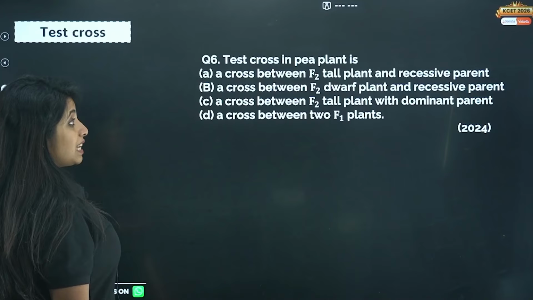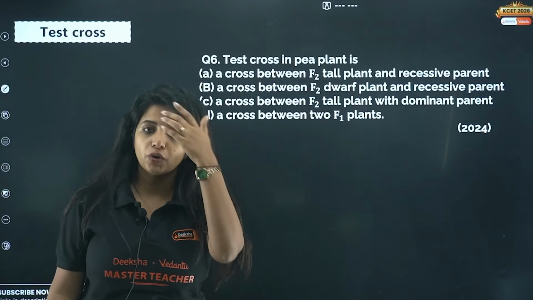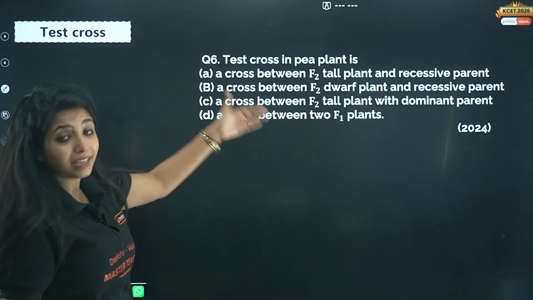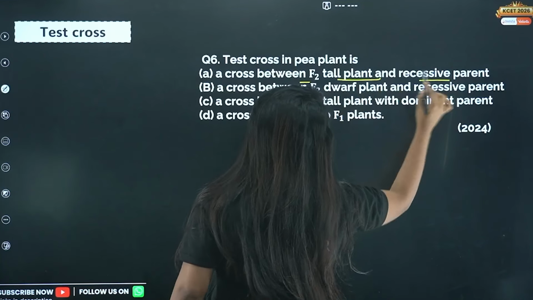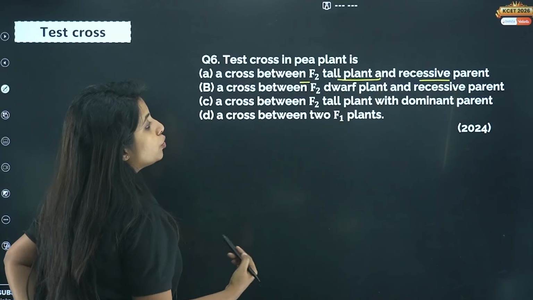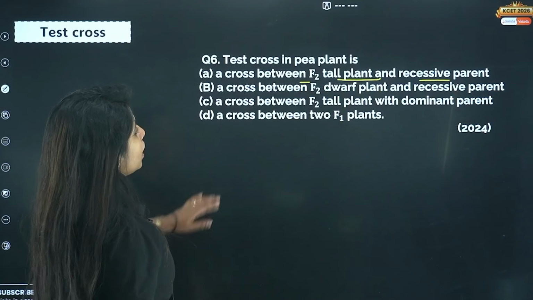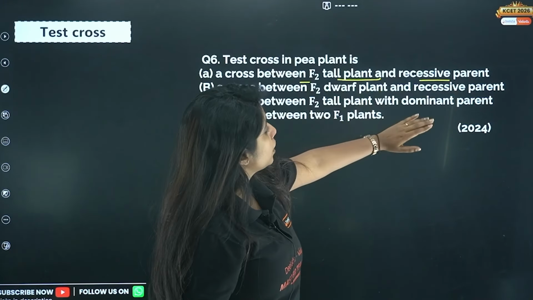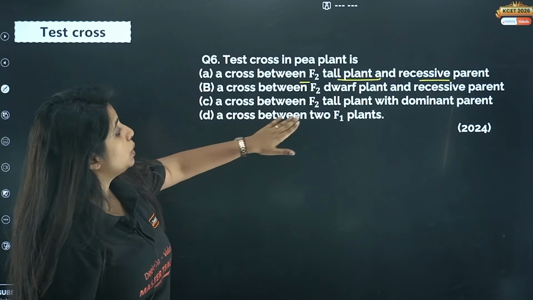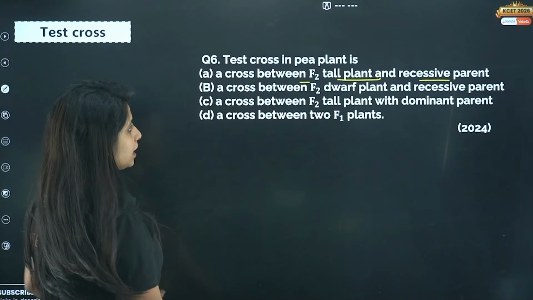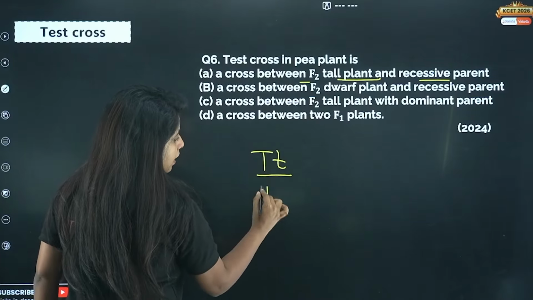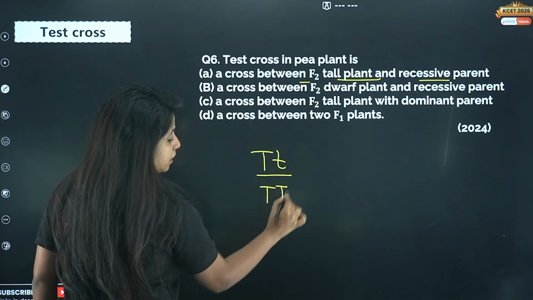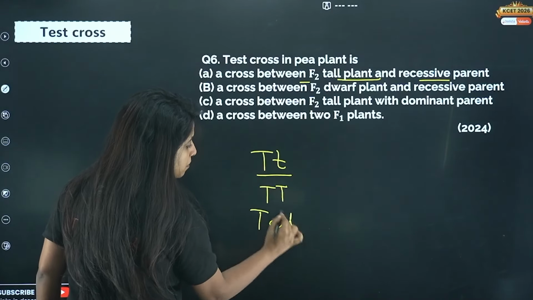Now, test cross in pea plant is, what do you mean by test cross? So suppose, okay, read the question first. A cross between F2 tall plant and recessive parent, a cross between F2 dwarf plant and recessive parent, a cross between F2 tall plant with dominant parent, a cross between two F1 plants. So basically what happens is that, suppose I have capital T small t and I have capital T capital T. Basically both of them have the same phenotype, both of them appear to be tall.